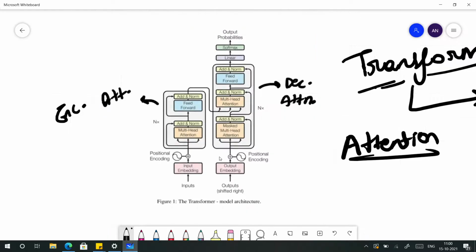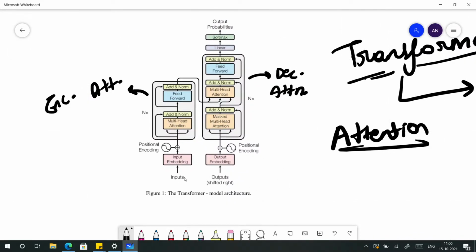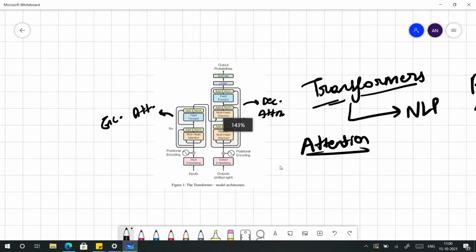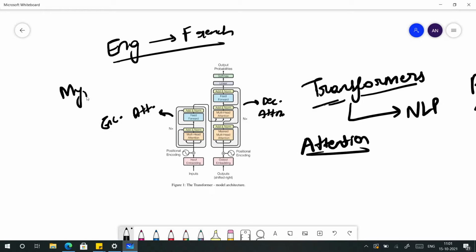What's happening inside is that first an input is given. Let's understand with an example. Suppose I want to convert a language from English to French. This is the task for our algorithm. As an input I'm going to feed it an English sentence, let's say, my name is Aditya.